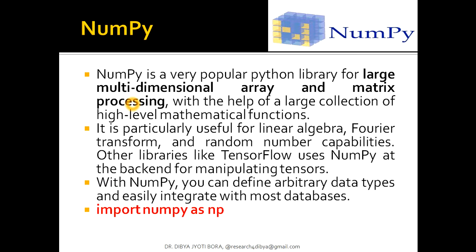It is used for this type of multi-dimensional array processing with the help of a large collection of high-level mathematical functions, and it is particularly useful for linear algebra. I know that you are already aware of linear algebra, without which you can't think of entering machine learning, because linear algebra contributes a lot, or the maximum part, of machine learning.